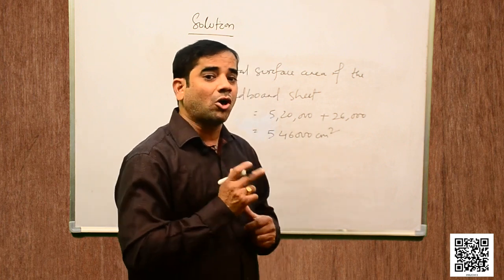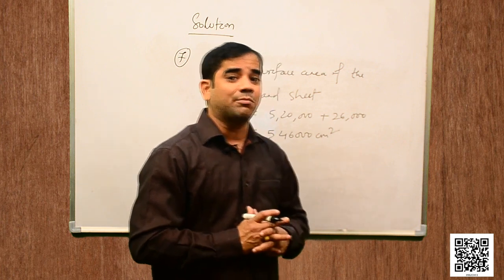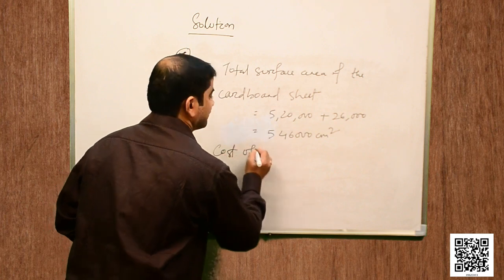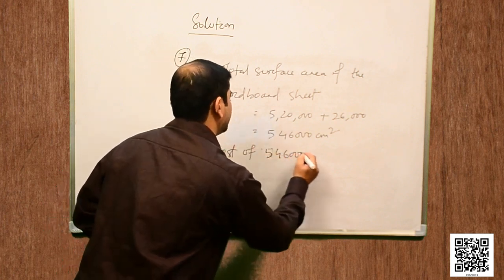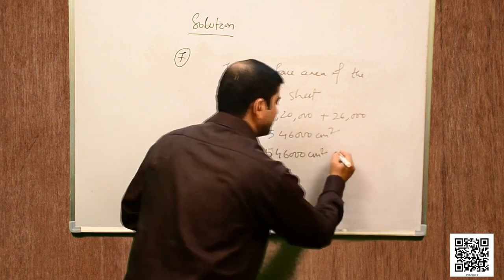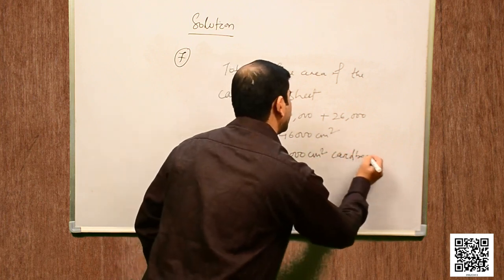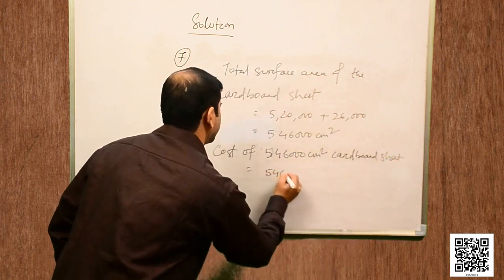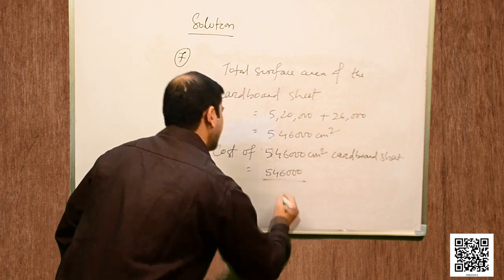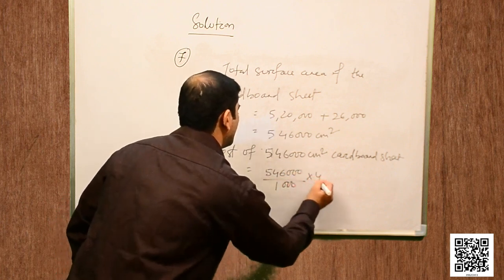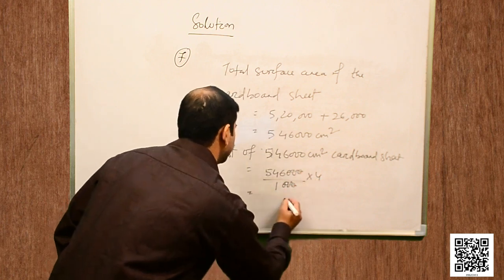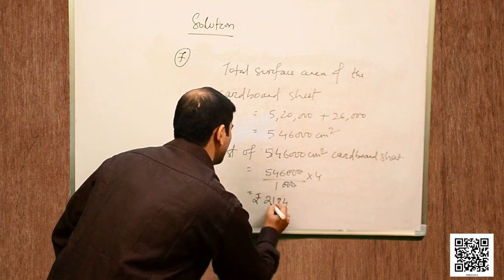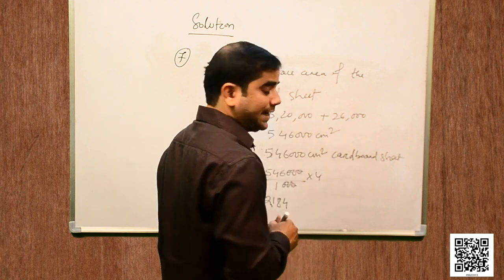Fine. So what should be the cost? Cost of 1000 centimeter square cardboard sheet is rupees 4. So cost of 5,46,000 centimeter square sheet will be 546,000 divided by 1000 into 4, which is rupees 2,184.